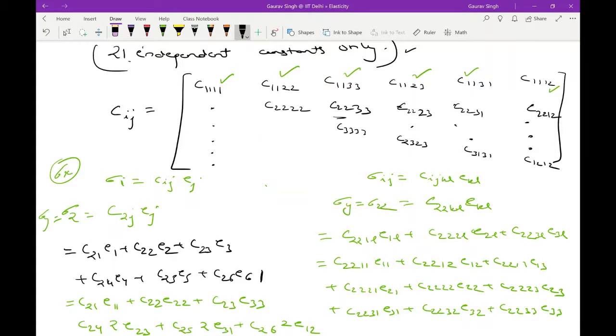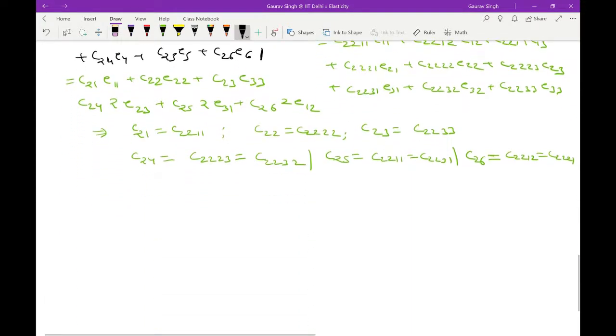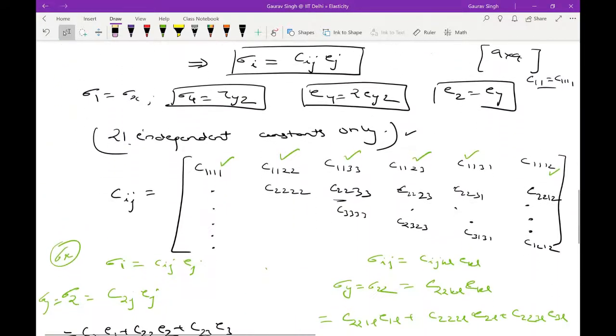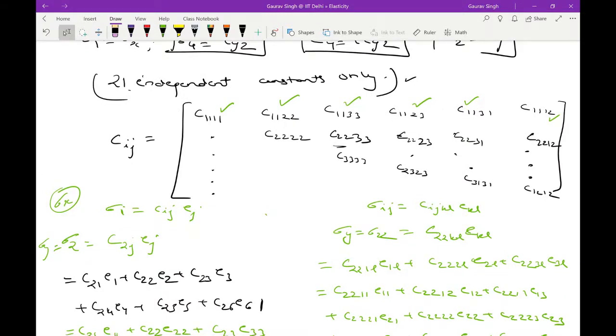So the idea is this: in general, the two elasticity tensors, the stiffness tensors Cij and Cijkl, are related by this expression which you have over here.